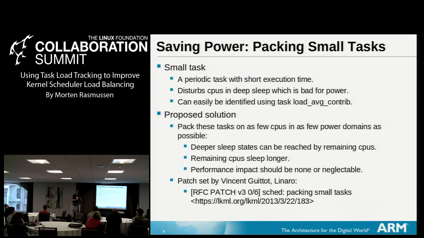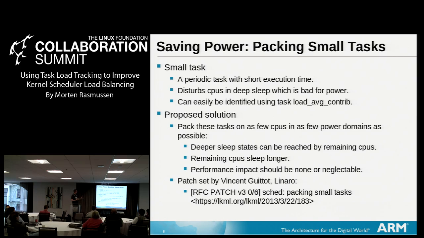So if we have tasks waking up at random CPUs, you can actually keep other CPUs in a more shallow sleep state, and therefore waste power, instead of trying to coalesce all these noisy tasks on a single CPU, so the rest of them can be in deep sleep for a long period of time. So the proposed solution in this patch set is to try to pack all these small noisy tasks onto as few CPUs as possible, and thereby enable the rest of the CPUs to enter deeper sleep states and thereby save power.